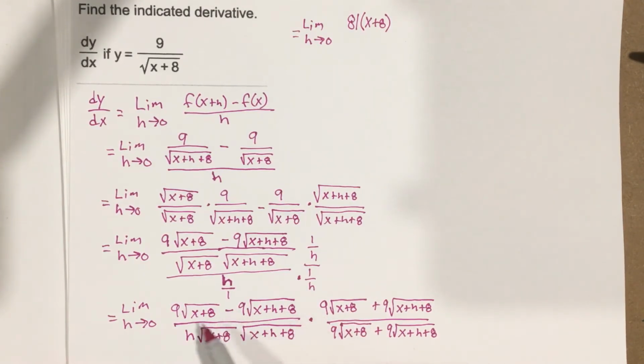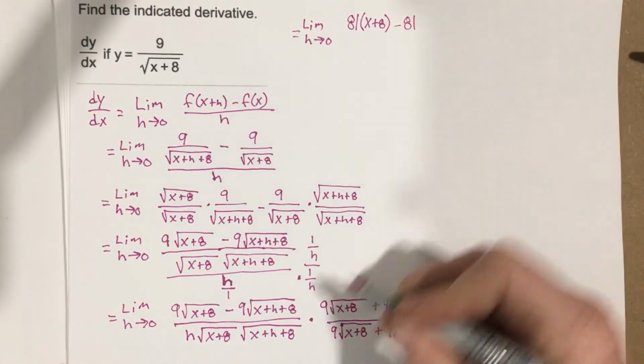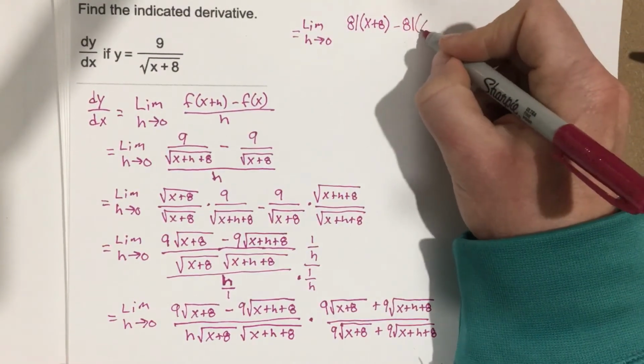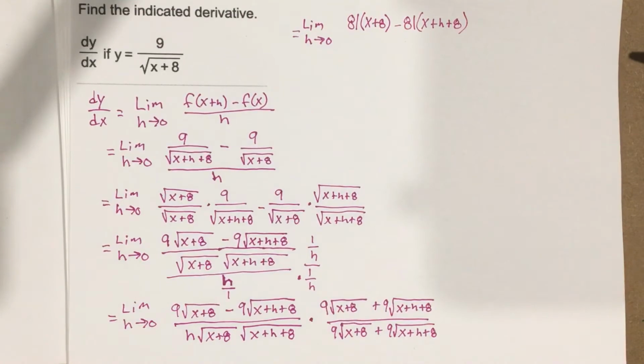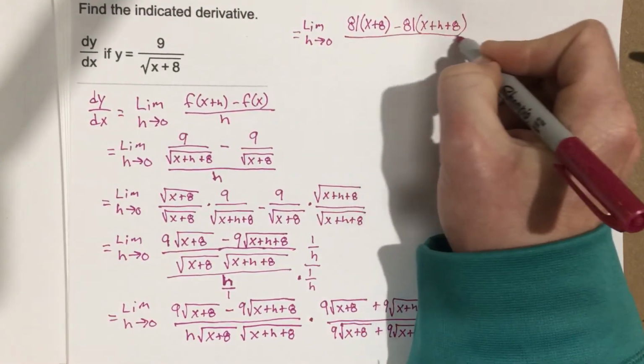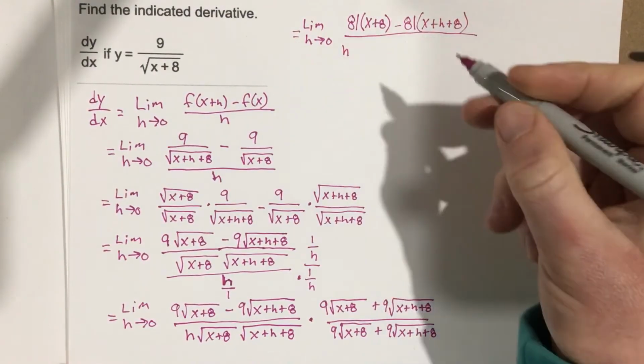So then we just take negative 9 root x plus h plus 8 times 9 root x plus h plus 8, and we end up with negative 81 times x plus h plus 8 in parentheses, all over h. We're going to have a lot of radicals here.